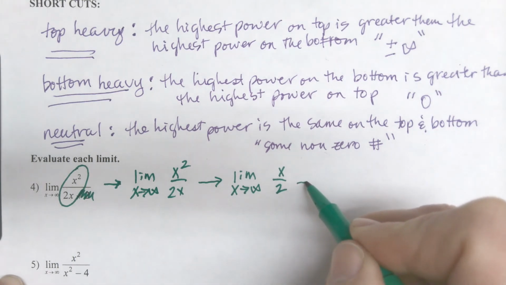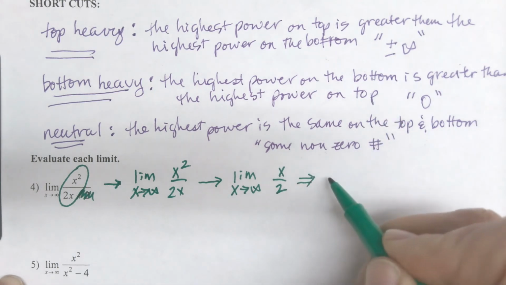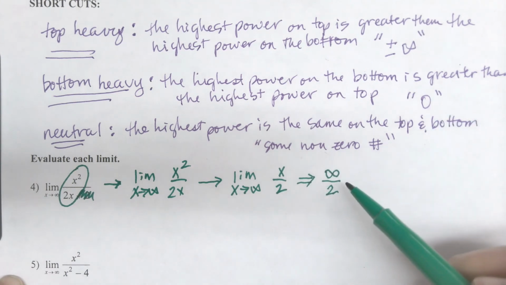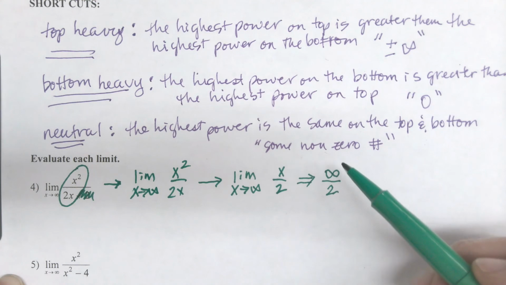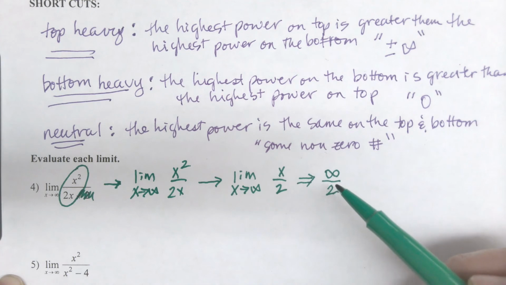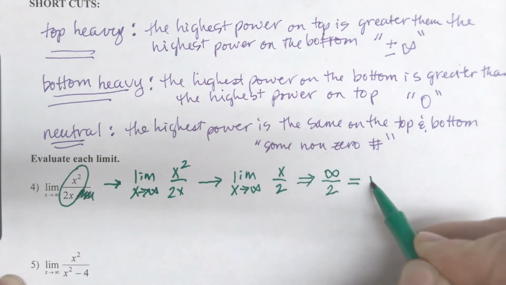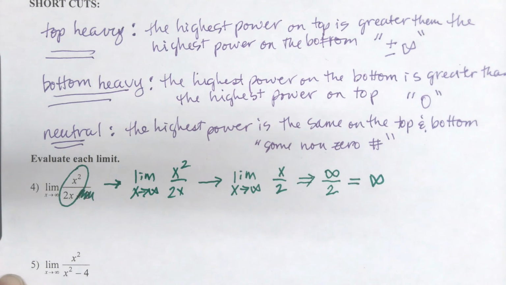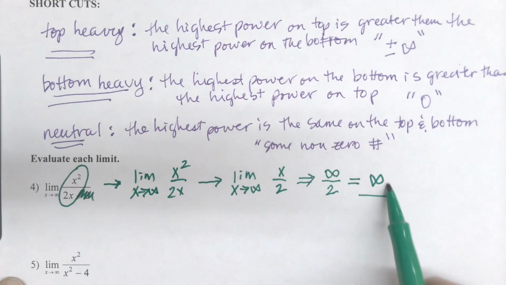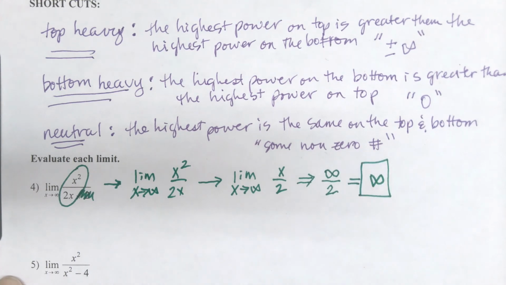So this is me putting in some very, very large number over 2. Now, obviously, I can't put infinity in my calculator and figure that out. But if you plug it into your table, you'll recognize that I'm going to get a bigger number divided by 2 and a bigger number divided by 2. And if I put in the biggest number that I can think of, it's still going to be a very big number. And so, therefore, for this particular problem, I am going to be approaching infinity.